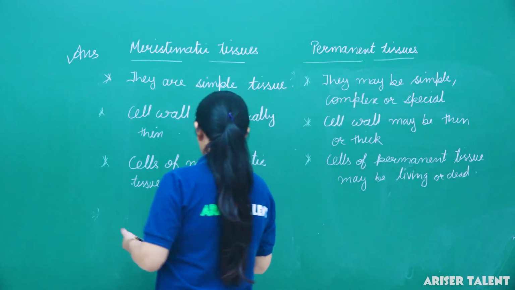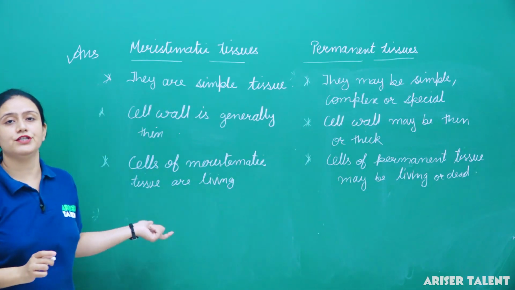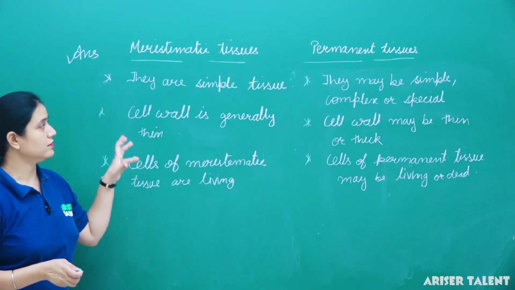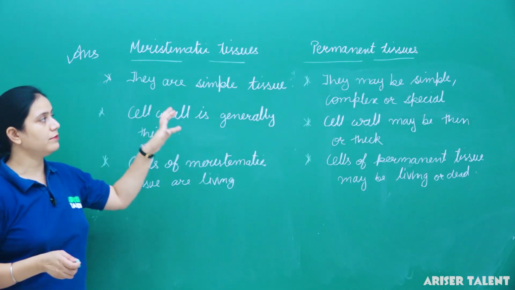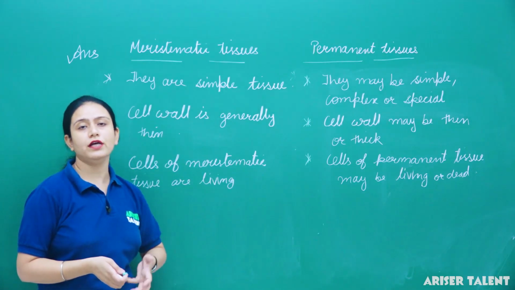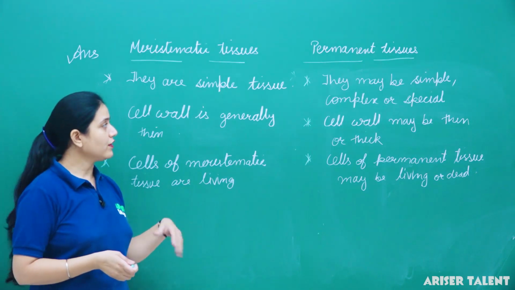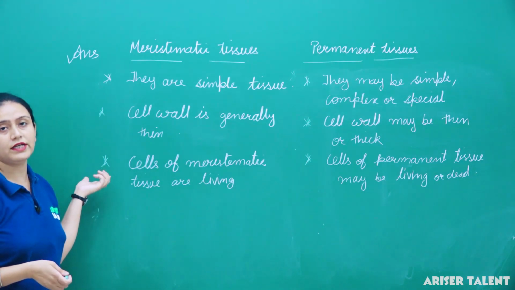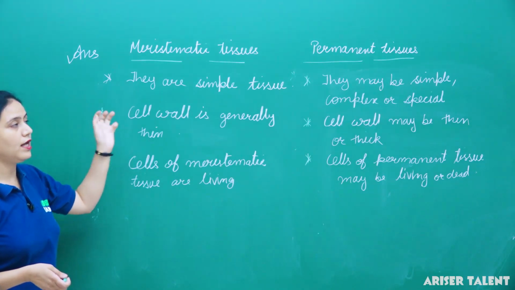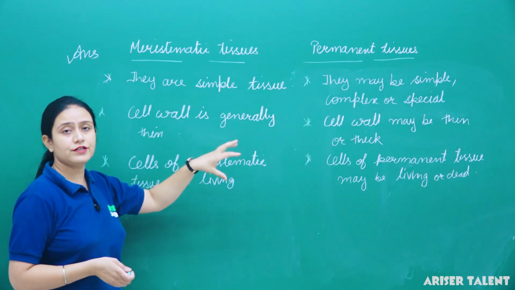So these are the differences between meristematic tissues and permanent tissues on the basis of their characteristics. Clear? As we have already studied, they are isodiametric and small, and the others are large and differentiated.